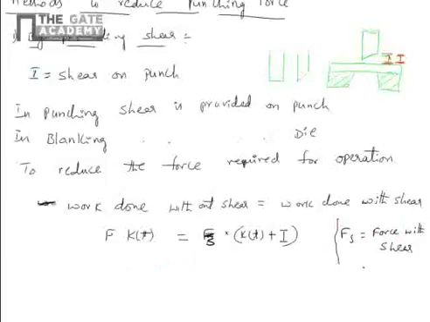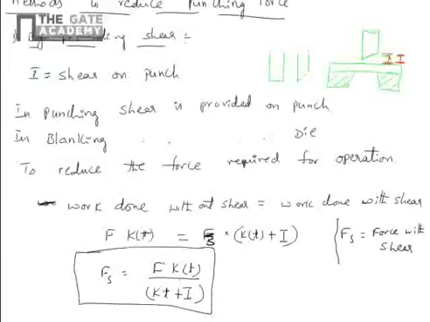Whether you have shear on the punch or not, you are doing the same operation, so the work done is the same. Only the force will vary. Force with shear equals force without shear by (Kt plus I) over Kt. So as you increase the denominator, the force required with shear decreases. From the above equation, as the shear increases, the force required decreases.